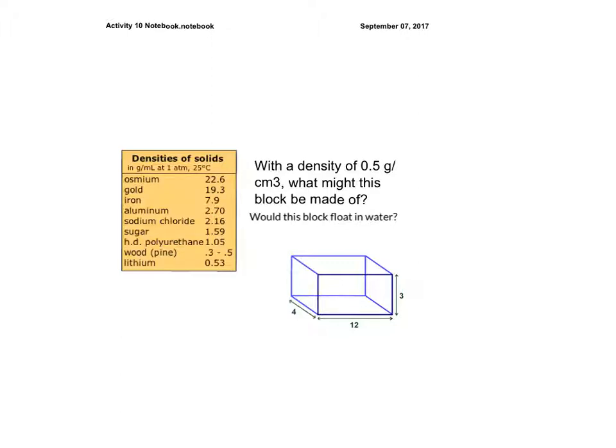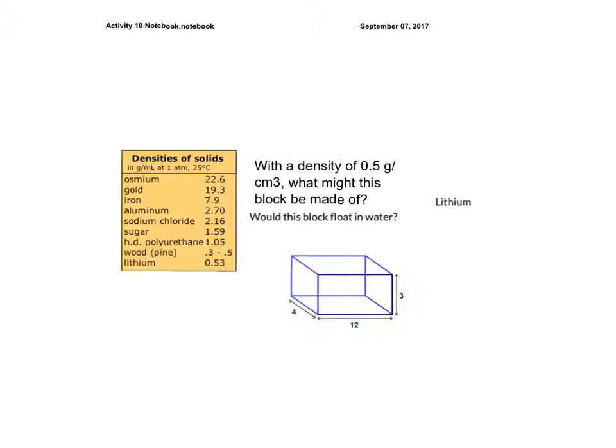Sodium chloride is 2.16, getting closer. I think the answer is probably going to be lithium. The answer is not exact because lithium here is 0.53 and our density is 0.5, but I think that's probably close enough. So to answer the first question, it's lithium.